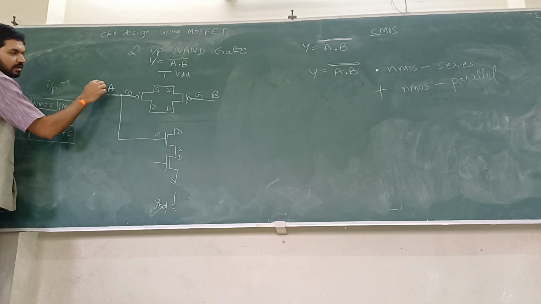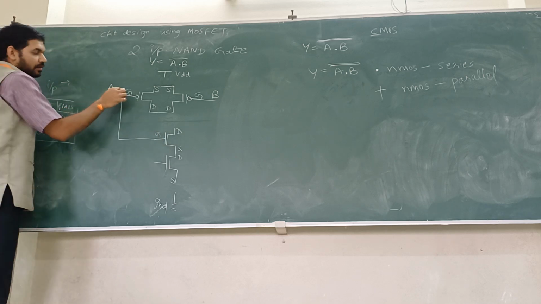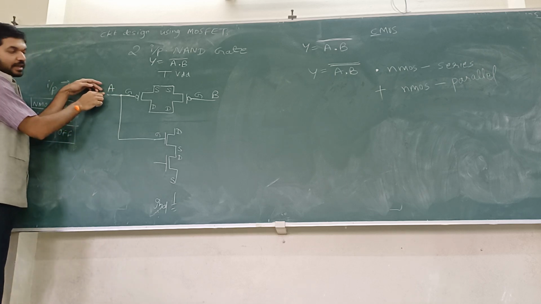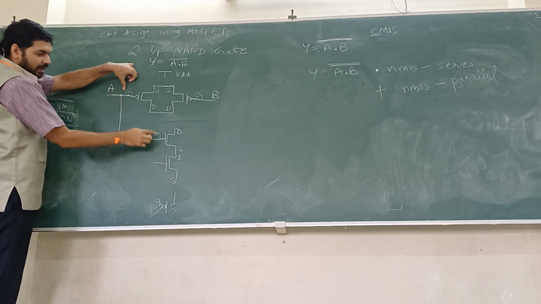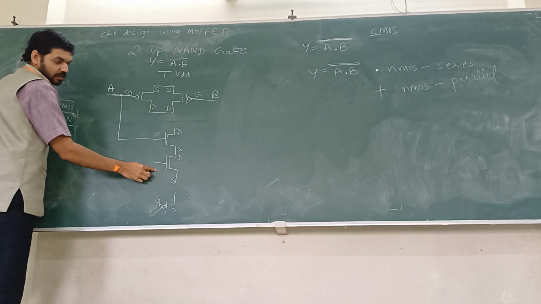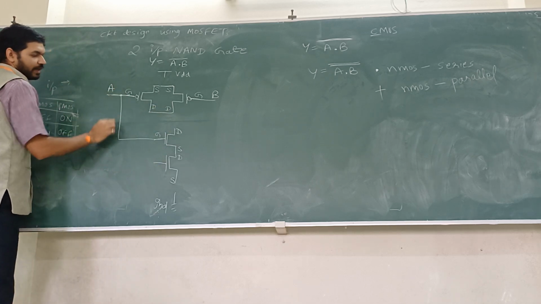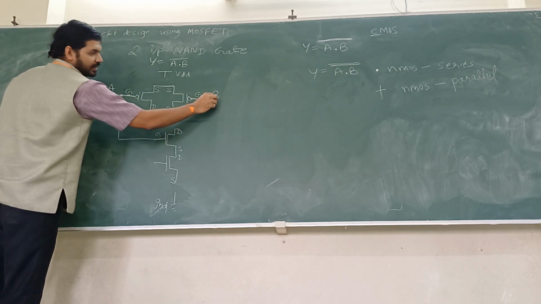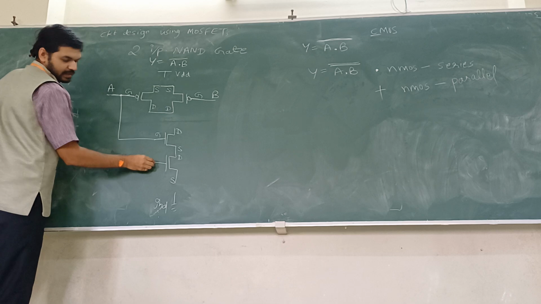So wherever I have a common input, A is the common input, the gate of this and the gate of this both are shorted. Here I should give B. Here I have given A. So B should be shorted to this.